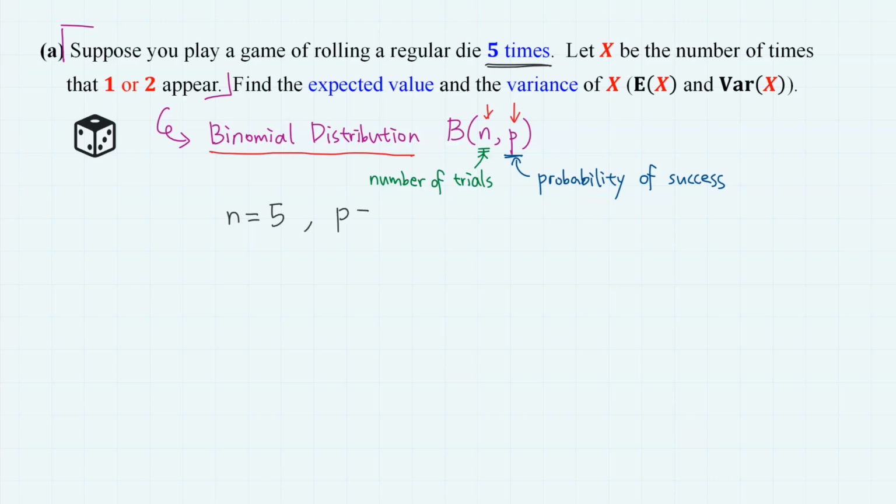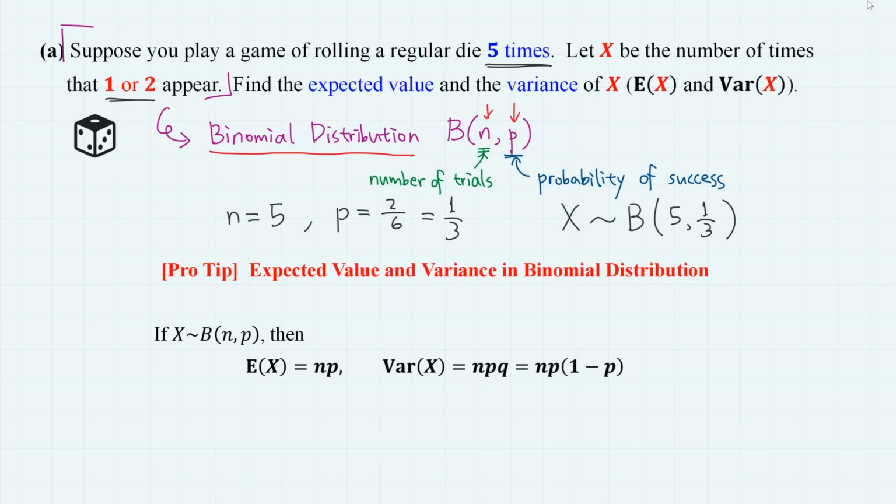In this problem, p is the probability of getting 1 or 2 in a single roll, hence it is 2 over 6, or 1/3. Therefore, we can write x follows the binomial distribution (5, 1/3).